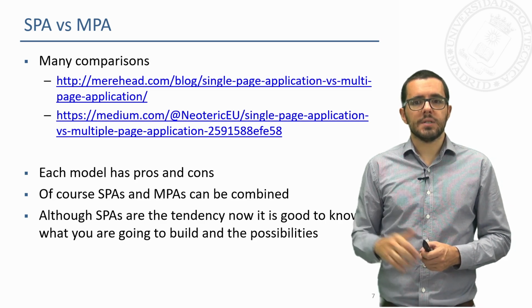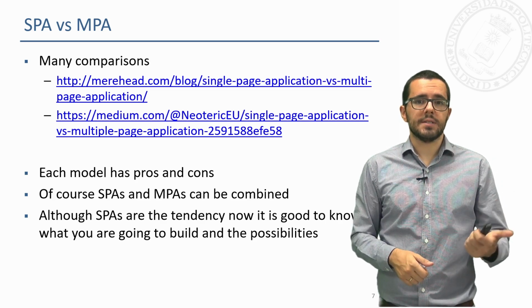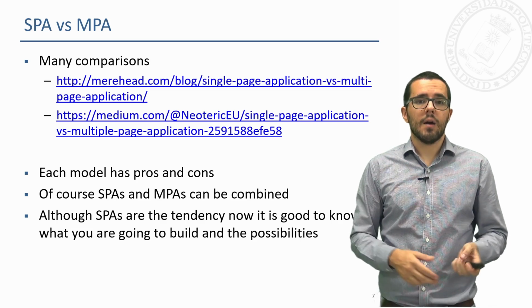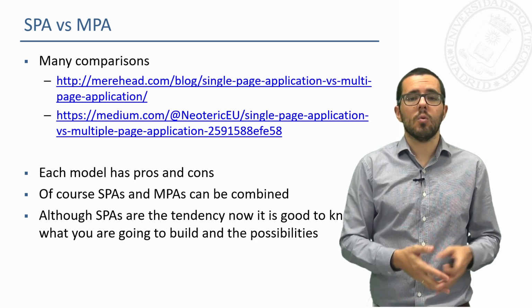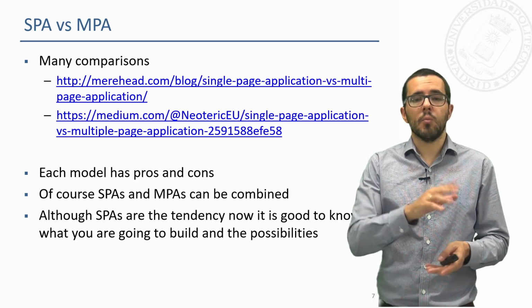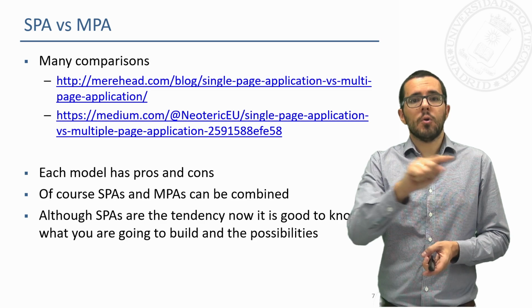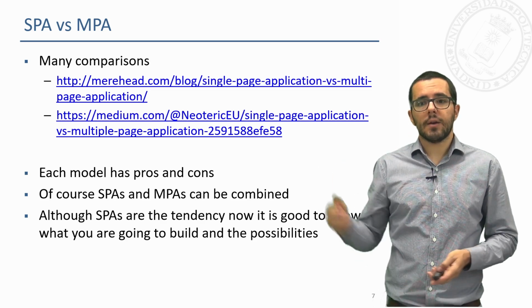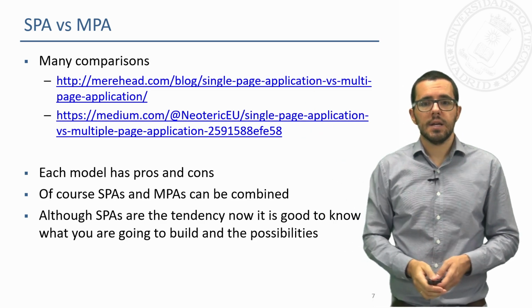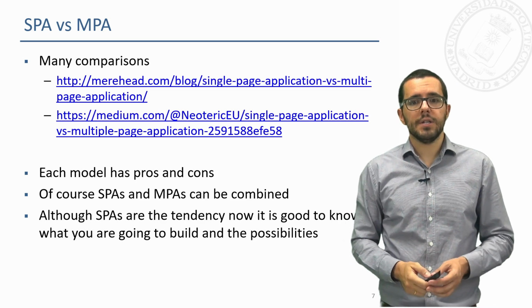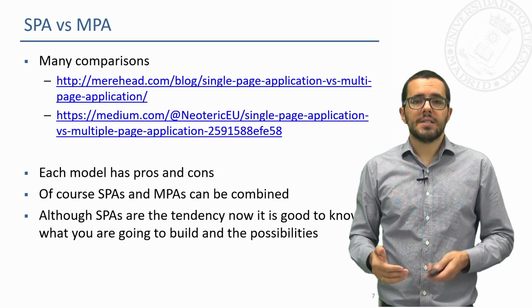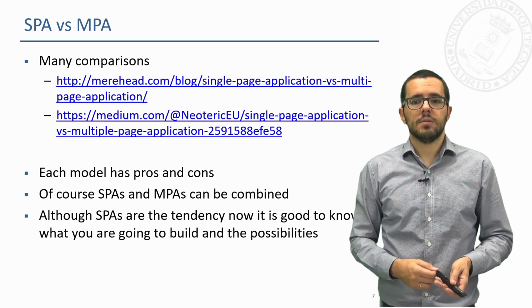What is the difference between a single page application and a multi-page application, and when should we create a single page application, and when should we create multiple page applications, for example, with tabs? Well, there are comparisons. I'll leave you here a couple of links. You can see in Google many comparisons, and each model will have pros and cons.